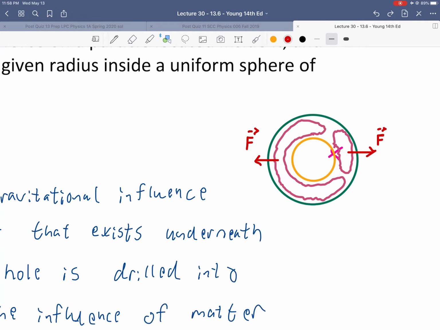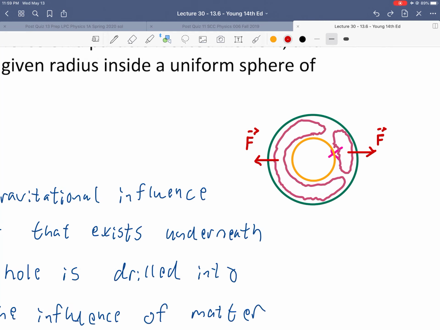The only assumption being made here, incidentally, is that the mass is distributed uniformly, not with depth, but with angle. Well, that's actually really misleading because the radius is the depth.